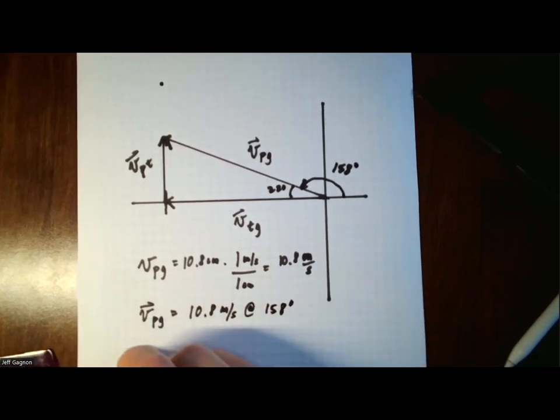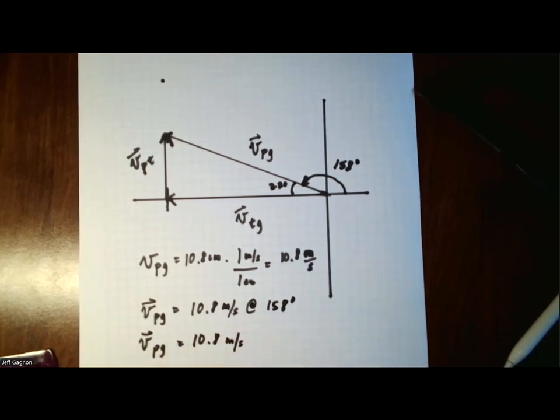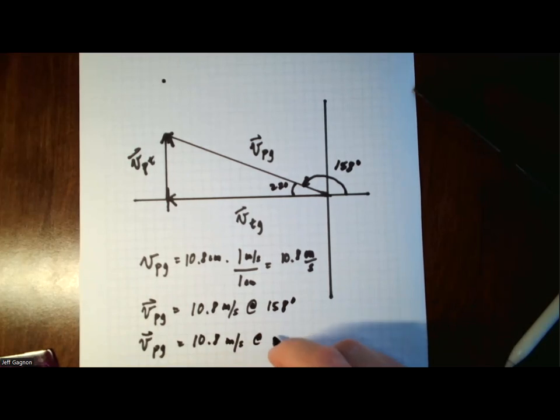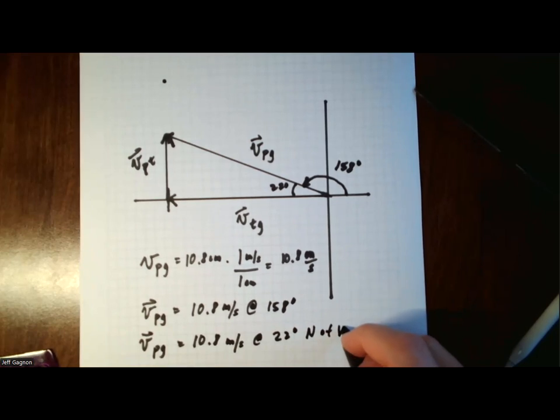If I use that reference angle, which I could do, then this would be 10.8 meters per second at 22 degrees north of west. You'd have to make sure that the person knows that the vector is in the second quadrant, right? As long as you give enough information so that we know that the vector is in the second quadrant.